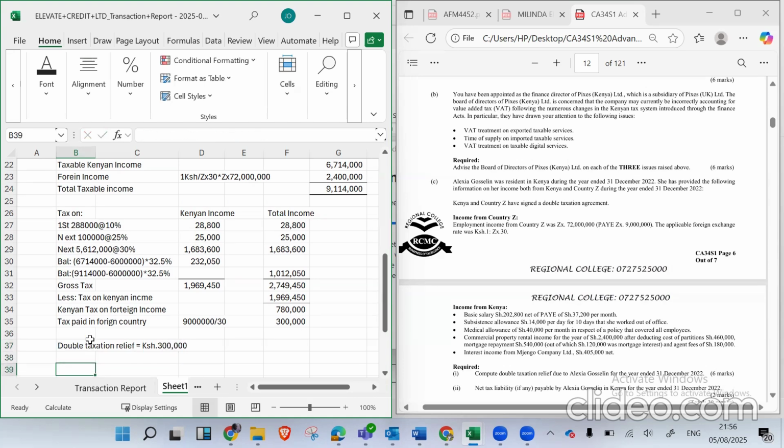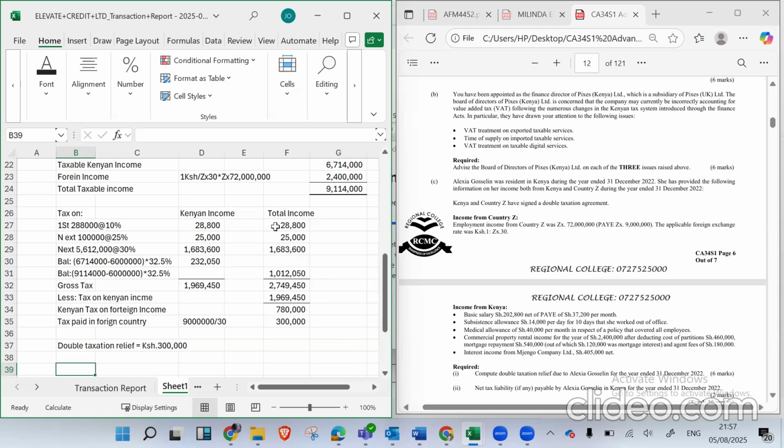So you are given a relief of 300,000. You can get it very direct without even doing this mathematics. But the marks are in this confirmation. So you need to confirm first that yes, you qualify for this relief, because the tax you're supposed to pay in Kenya on that foreign income is more than the tax that you already paid in that foreign country.